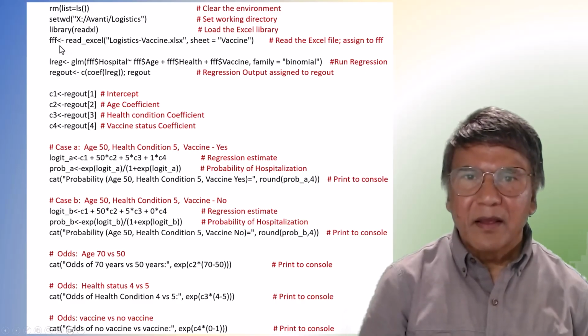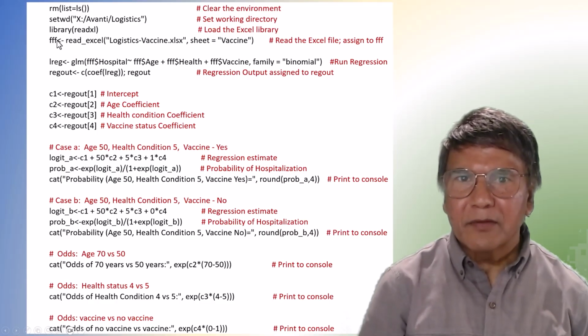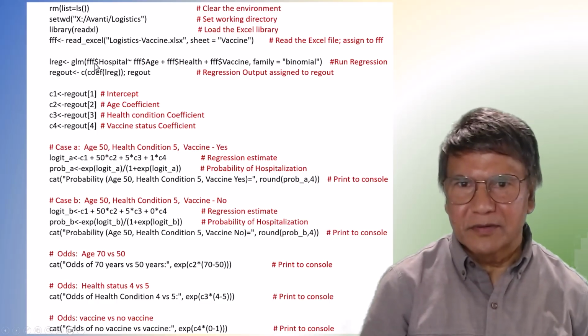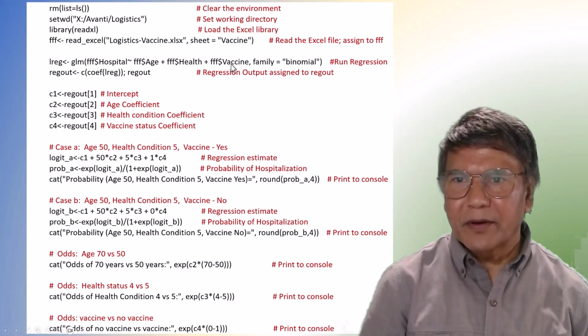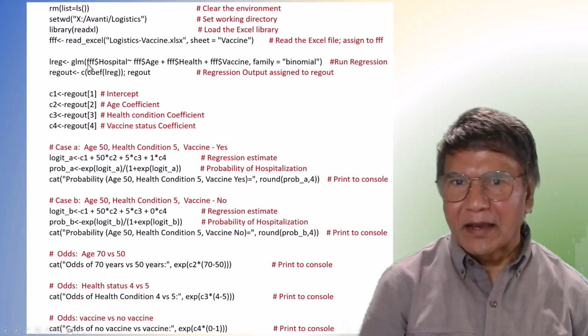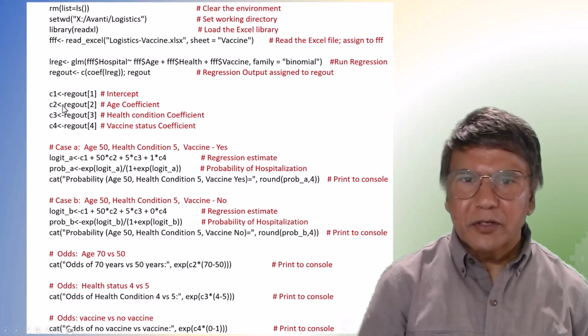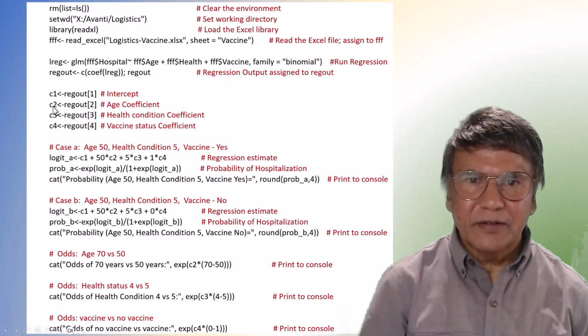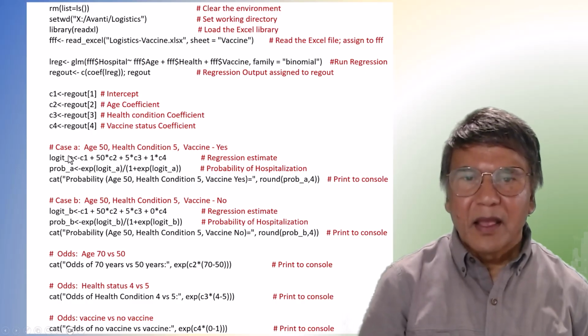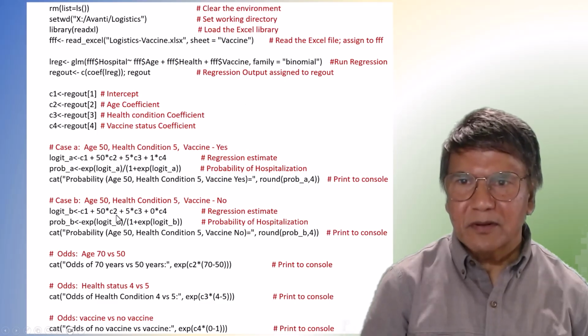Now remember, where does hospital come from? Hospital is coming from this file. So we put FFF dollar sign, age, this one. If you do not want to do this, you can do attach, FF, attach. When you do attach, it's not a good idea, but then you don't have to put these prefixes in there. Then we assign the variables C1, C2, C3, C4, and we can simply do calculations just like you've done here. So that's your regression output.